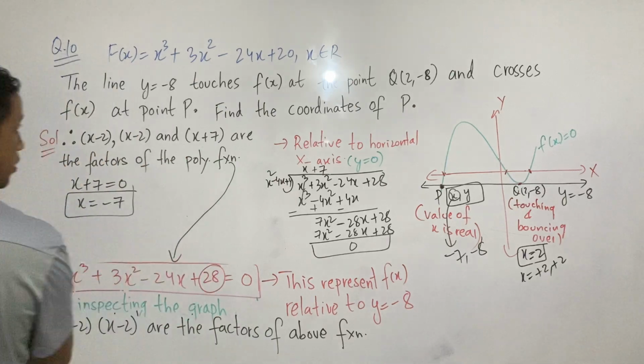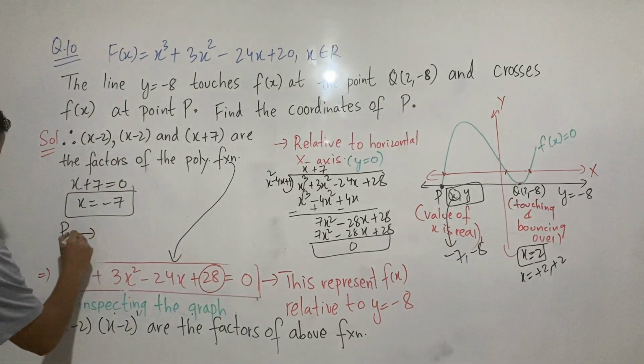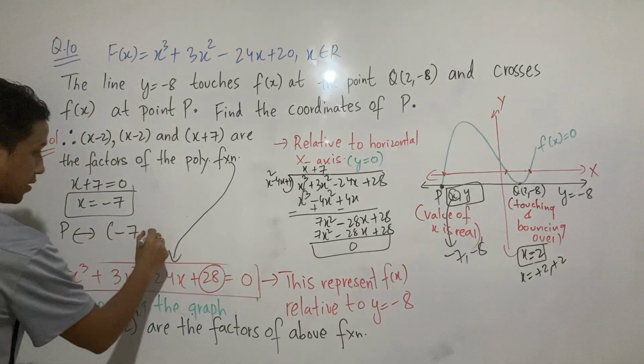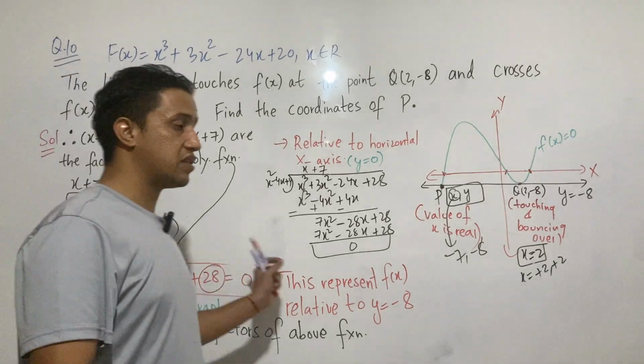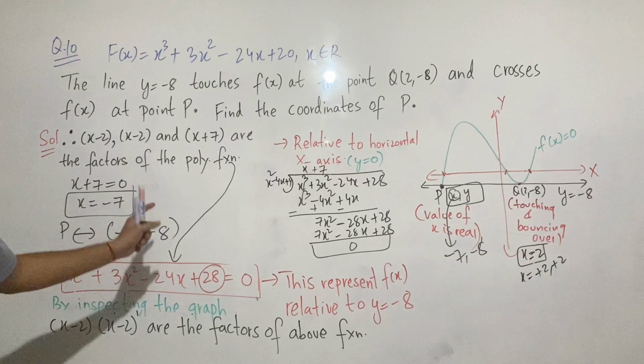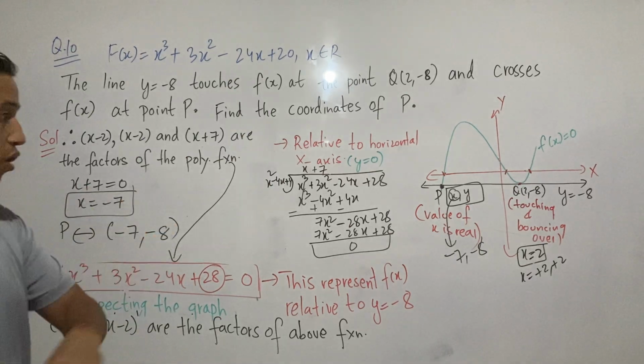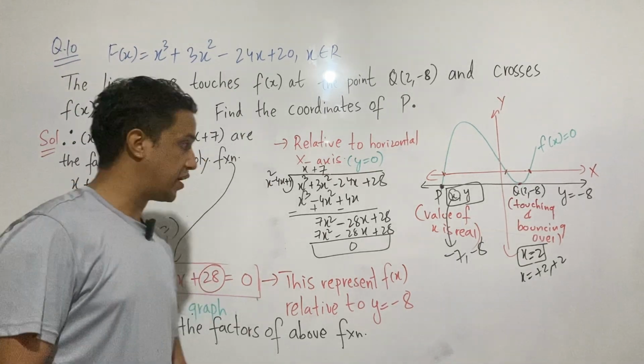So the coordinates of P would be (-7, -8). Okay, so that's how you have to approach this problem, and that's how you have to do it. Okay, thank you very much.